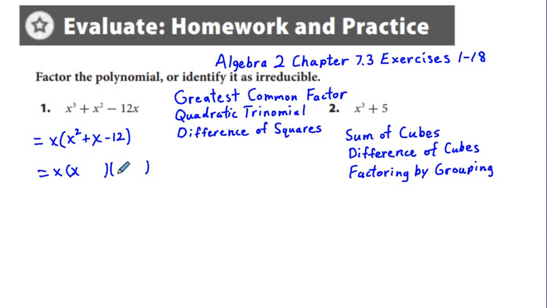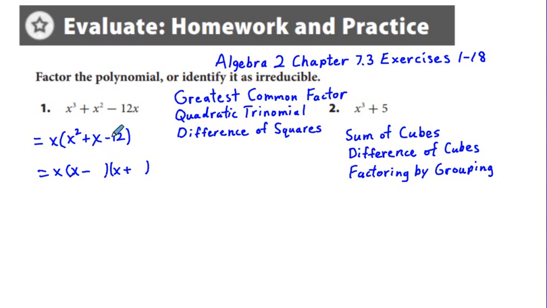The factors of x squared are going to be x and x, and then we look at our final term. We have minus 12, meaning we're going to have a negative times a positive to get 12. So we ask ourselves, what two numbers which when multiplied together equal negative 12 add together to equal 1, as in 1x?